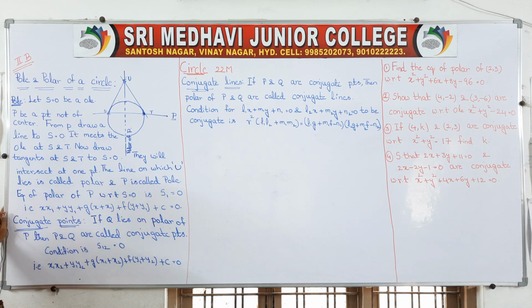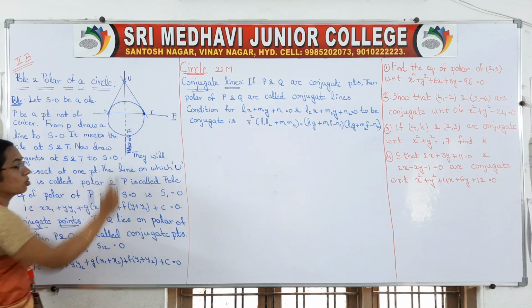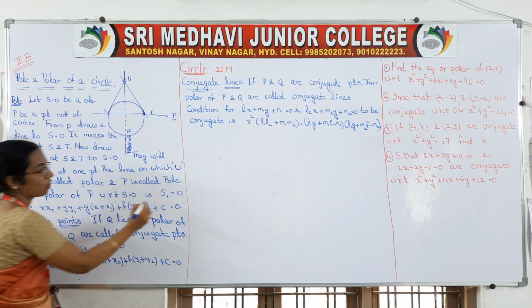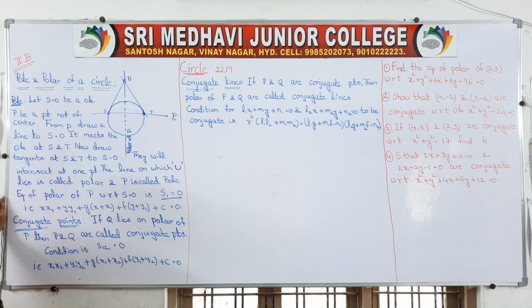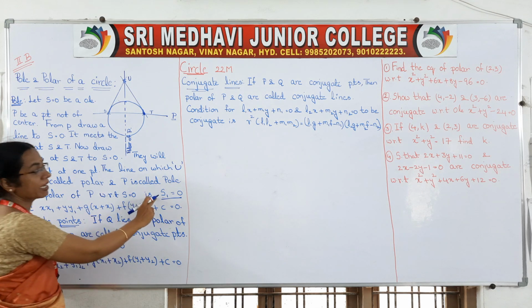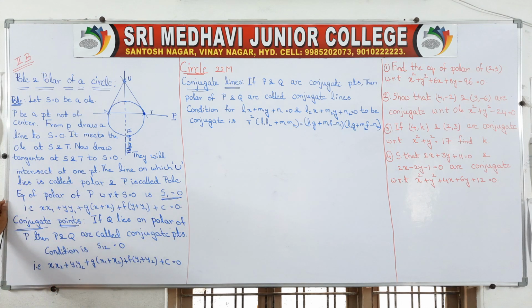Okay, so now how can we find this line's equation? For that there is a formula, the equation of the polar. Girls, again, polar is nothing but a line. So what is the equation of that polar line of point P? It is S1 = 0. I said S1 is a notation.